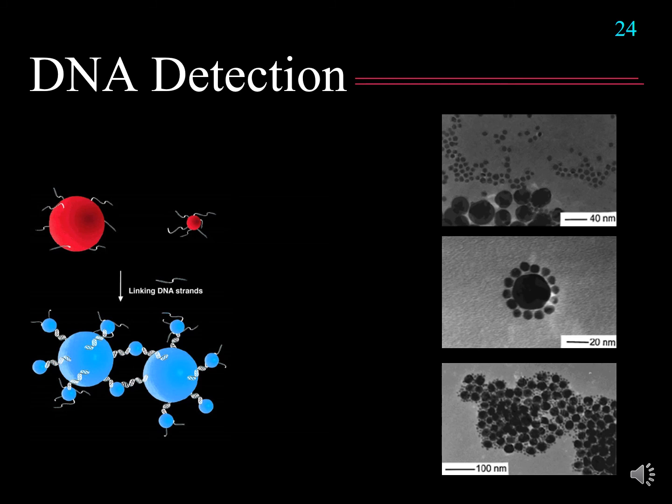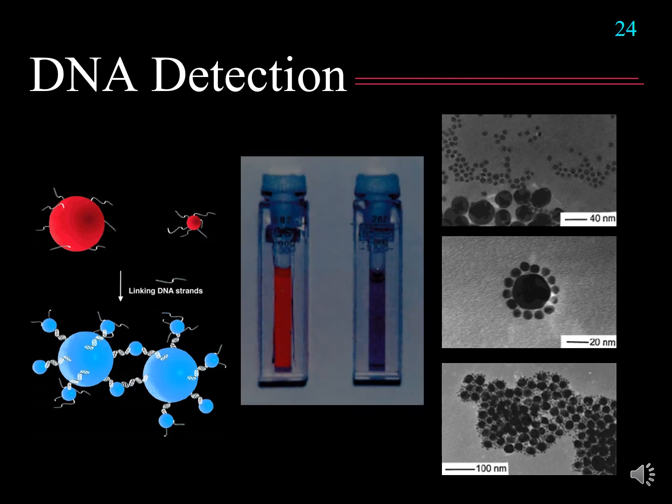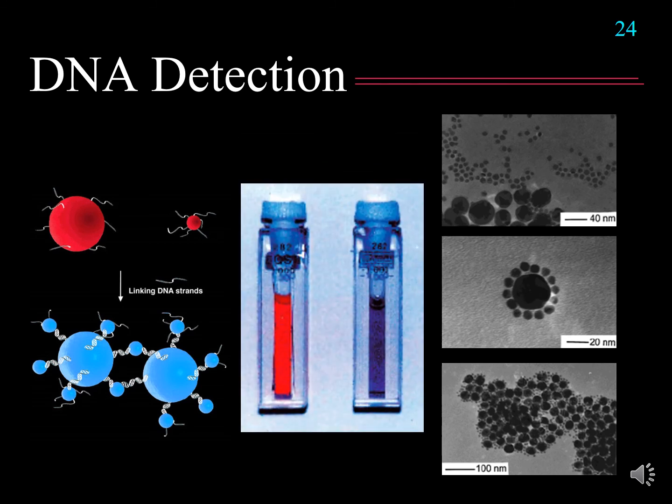So obviously the color is changed, and now we can also detect it by TEM image. As you can see, the bigger gold nanoparticle is now aggregated together with the smaller gold nanoparticles by this kind of mechanism, so we can see it directly from the TEM image. So as a result, the color is changed, as I mentioned earlier.